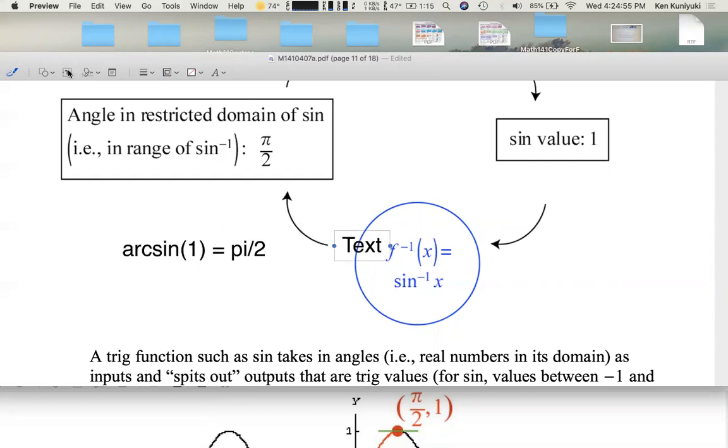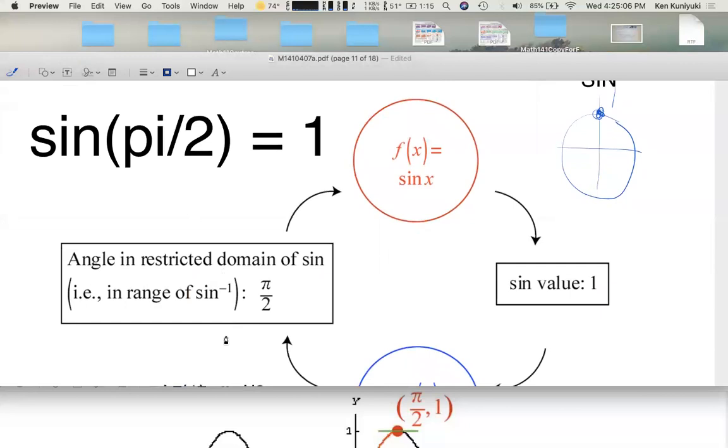And that makes sense because of 2 reasons. Because the sine of pi over 2 is 1. As we mentioned earlier, that's what this was saying. Sine of pi over 2 is 1. If you input pi over 2 into the sine function, the output is 1.